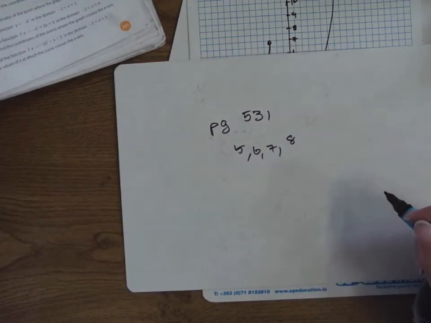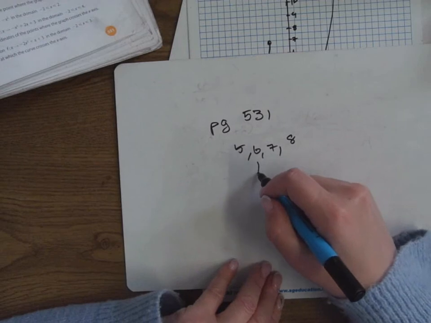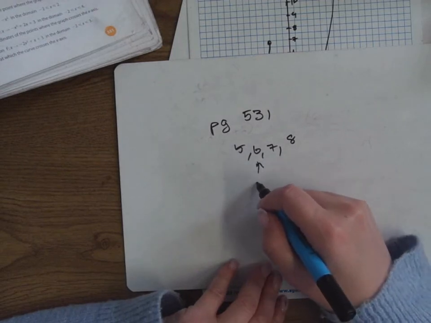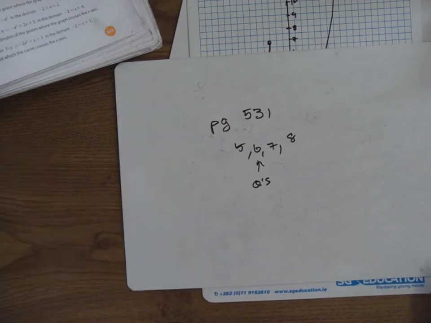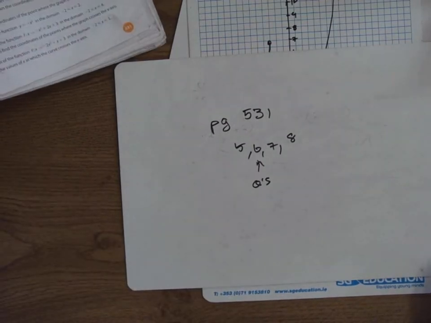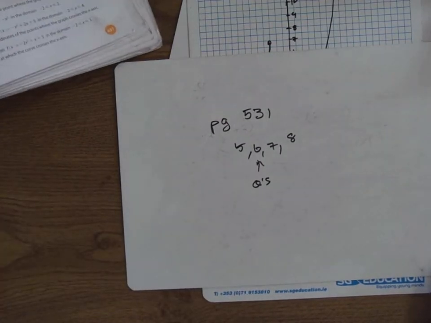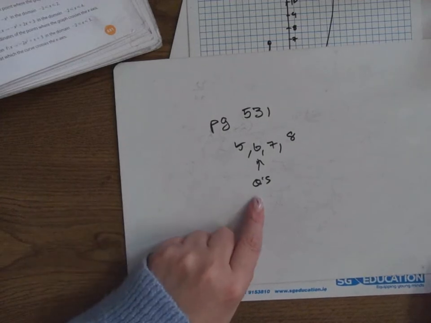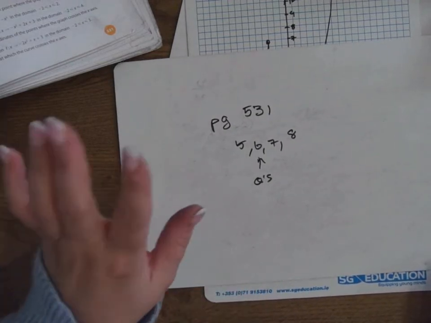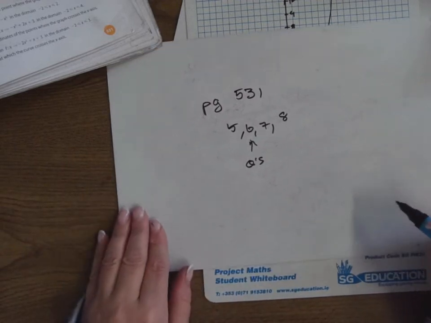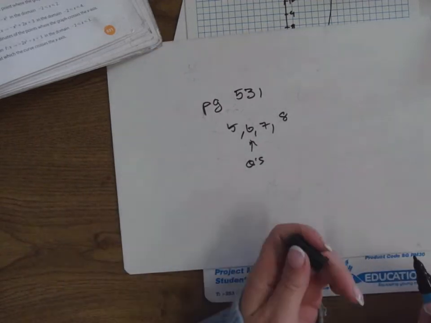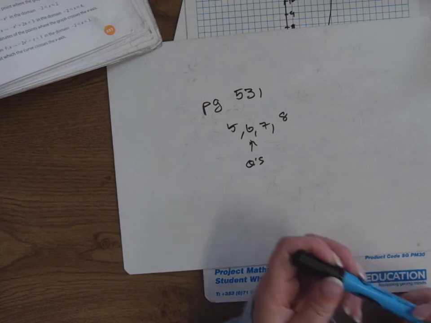Now, there are a few questions with number 6 after you draw it. Have a go with them, but don't worry about it. Drawing it is the most important. So page 531, 5, 6, 7, and 8. Right, and you can start now.